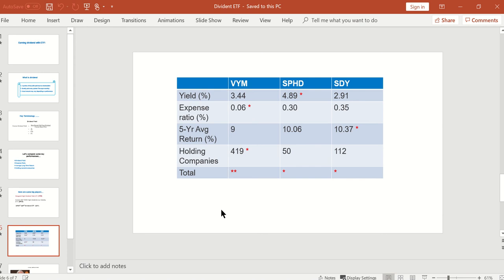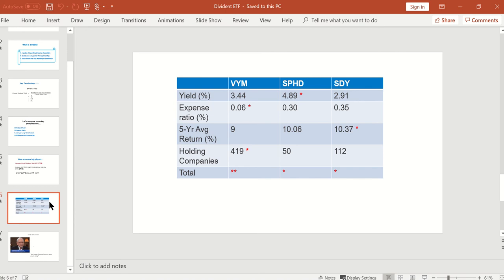But if you have to select only one, I will probably go with Vanguard, looking at the expense ratio and diversification. But then again, a good strategy would be to not buy only one ETF. So if I have say $1,000, I will probably buy some Vanguard and maybe a little less SPHD and SDY. That way, I am well diversified in my portfolio.